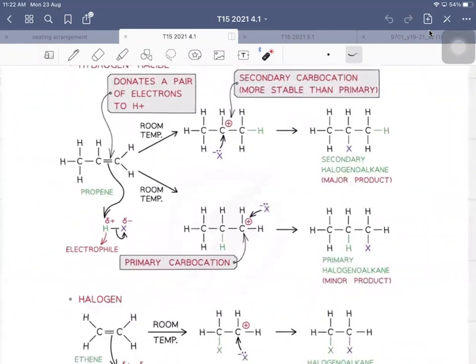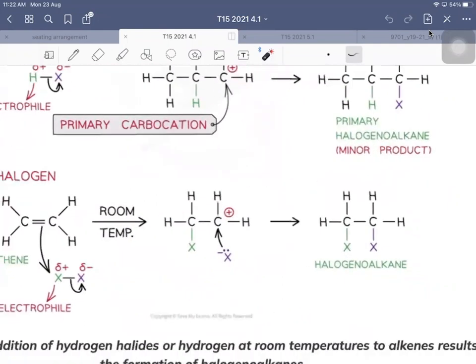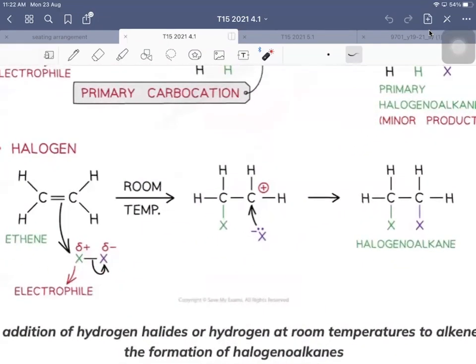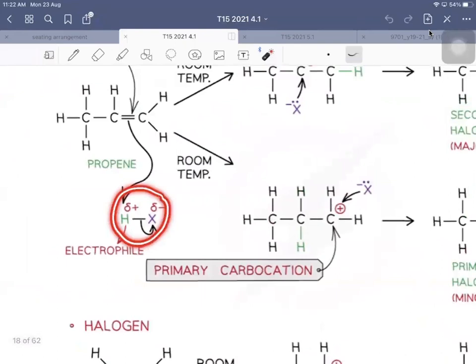hydrogen halides with alkenes. Okay, if you react your alkenes with halogens, for example, Cl2 or Br2, you are adding 2 halogen atoms across the double bond, with one atom attached to each carbon. So if you only want to attach one halogen, you will use hydrogen halides, HX.